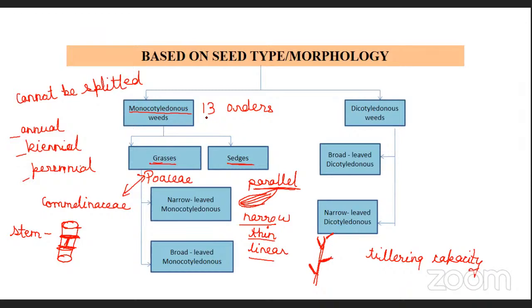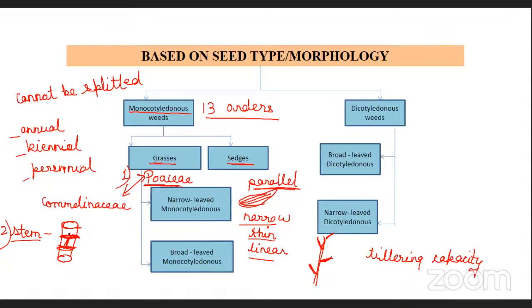There are 13 orders, and among the grasses, the most important family is the Poaceae family. The stem of the grasses is circular or cylindrical, with nodes and internodes.